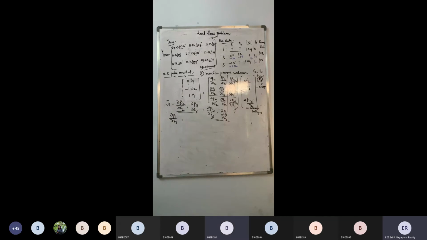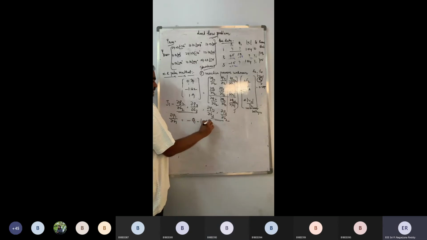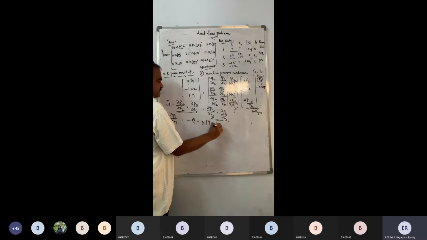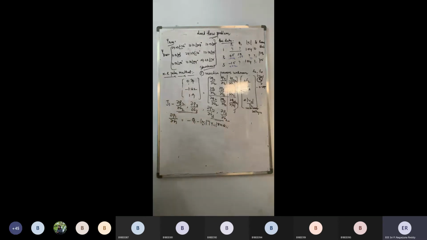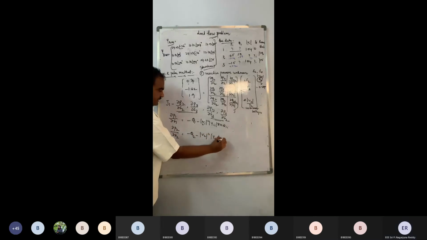Minus Qi minus Vi square Yii sin theta ii. This was the formula. Very good. So now if i is equal to 2, this will become minus Q2 minus V2 square Y22 sin theta 22.